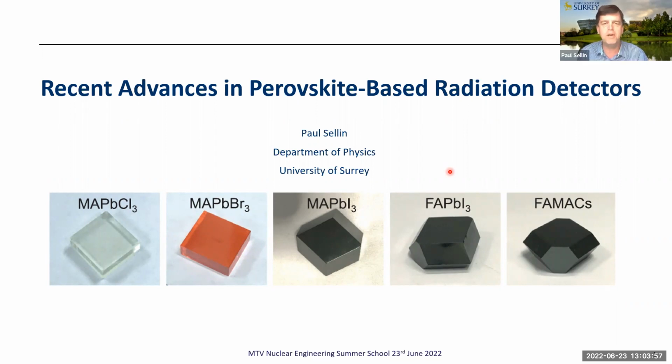So you can see on my opening slide there's a picture of 5 crystals, which are all perovskite crystals. They're all lead halides. So you can see most of them have got lead in the formula. They've all got a halide, in this case, chlorine, bromine, or iodine. And then they've got an organic molecule, which is abbreviated, in this case, to either MA or FA.